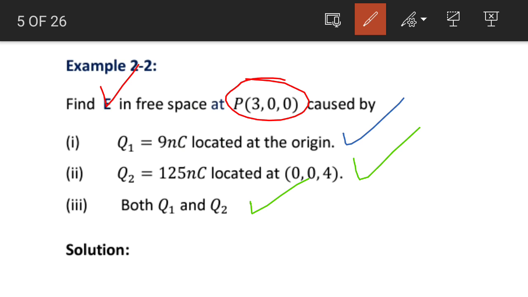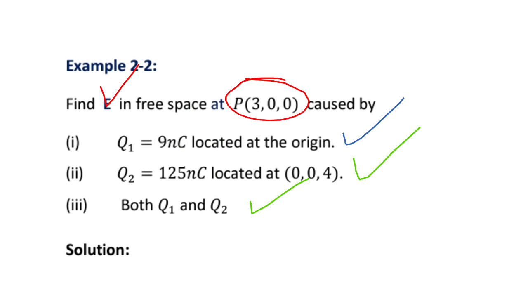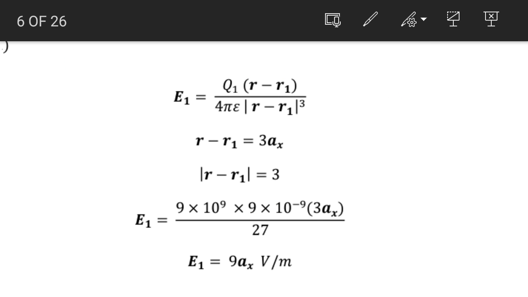So let us do the first part of this particular example. Let us consider the equation for the electric field intensity. So the electric field intensity will be equal to Q1, the magnitude of the charge of source number 1. R is the position vector of the point under observation.